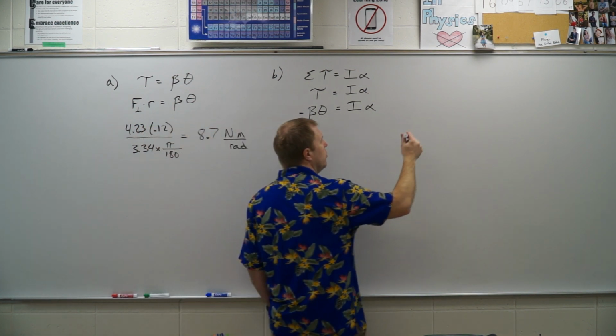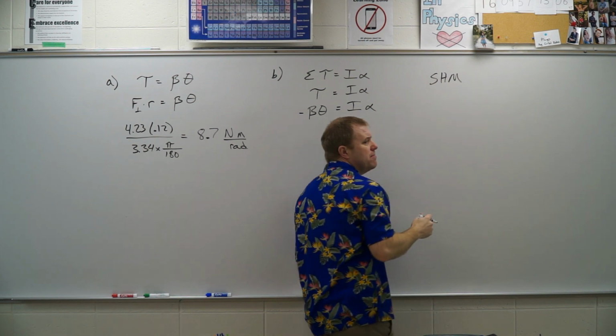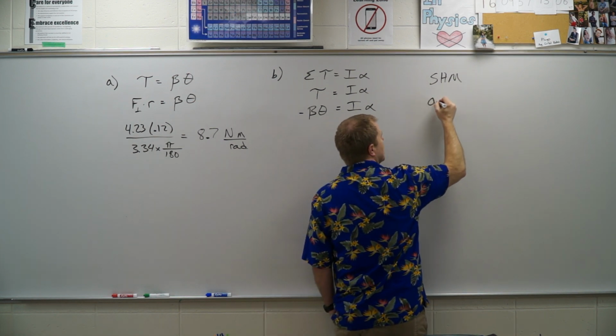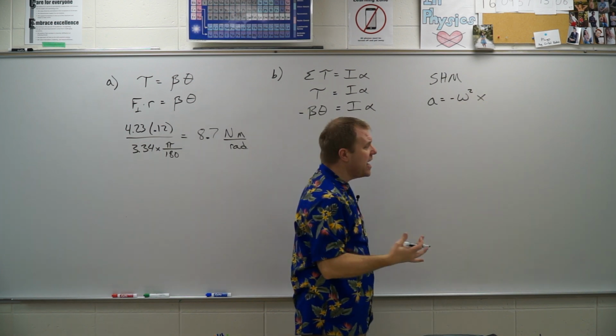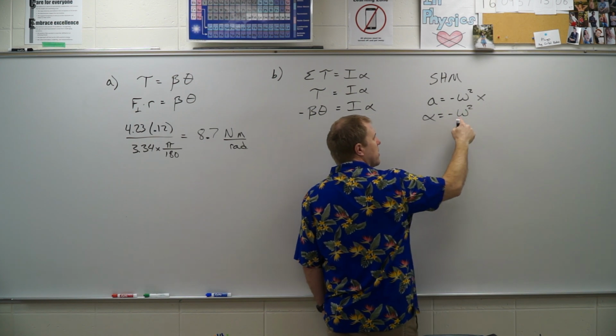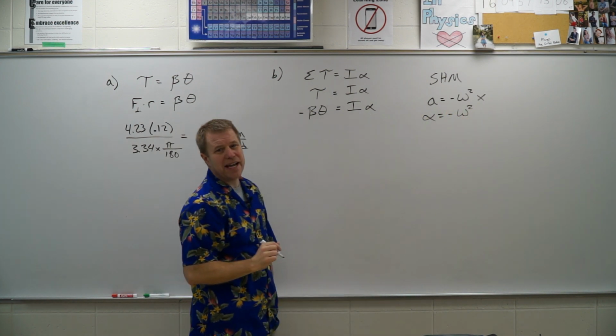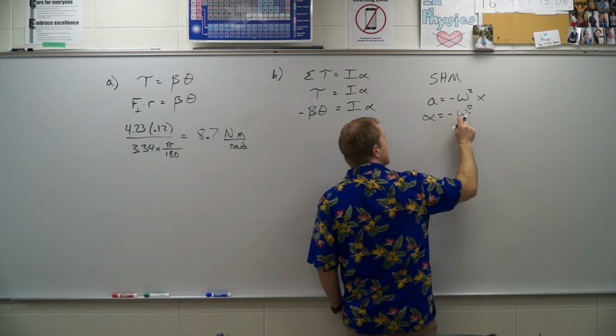We'll remember that for simple harmonic motion, the acceleration is equal to negative omega squared x. In the rotational sense, this looks like alpha is equal to negative omega squared theta. The key point to note about omega is that it is the angular frequency, not the angular velocity in this case.